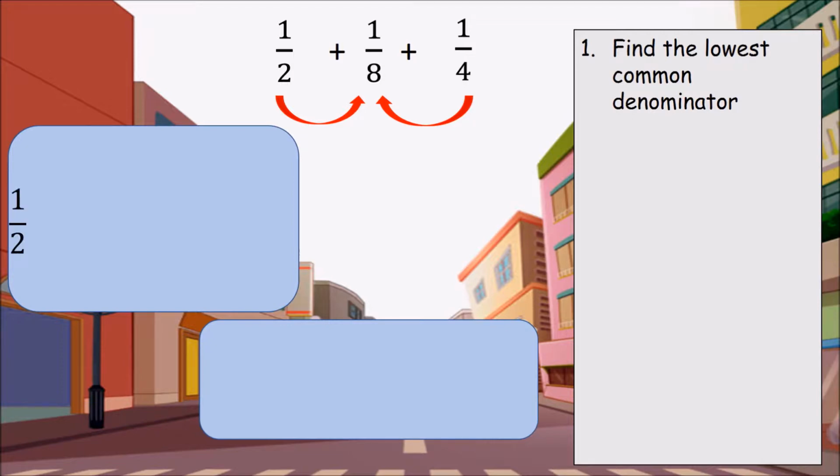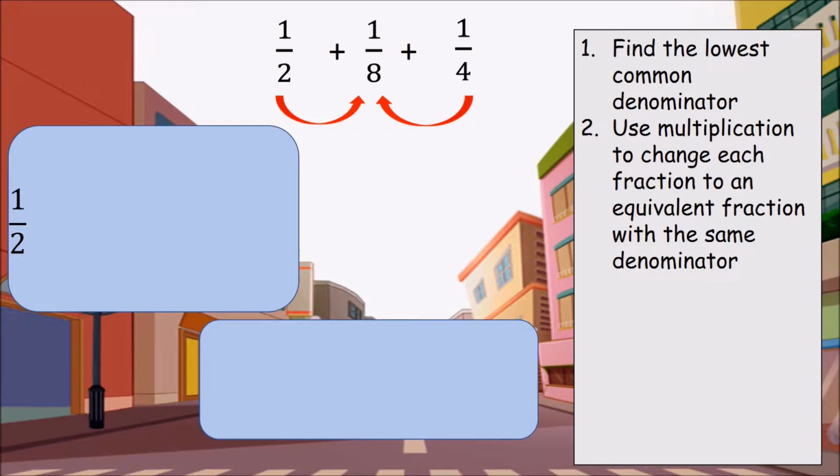So once we've done that, we need to find the equivalent fraction of half in 8ths. And by doing that, we need to work out how many times 2 goes into 8 using our 2 times table. Now, 2, 4, 6, 8 is 4 times.